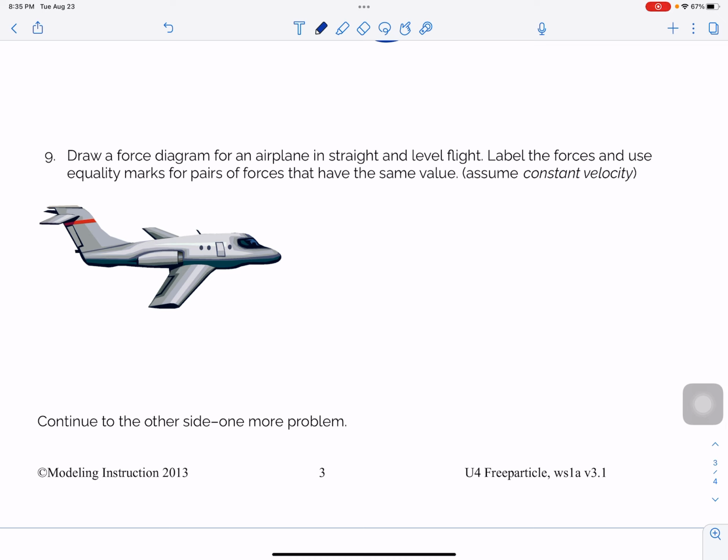Okay, last one. Draw a force diagram for an airplane in straight and level flight. Label the forces and use equality marks for pairs of forces that have the same value. Now the one thing, assume constant velocity. All right, so level flight means that vertical velocity is equal to 0.